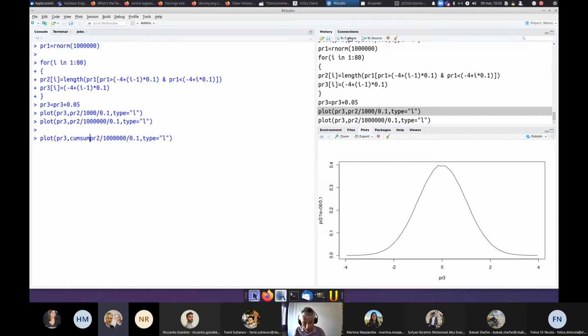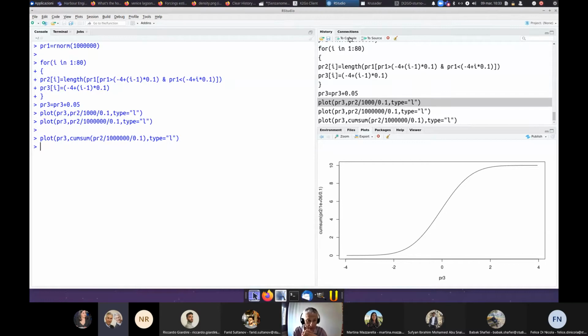The function cumulative sum can be written in this way. This cumulative sum substitutes the vector with a cumulative sum of each element.